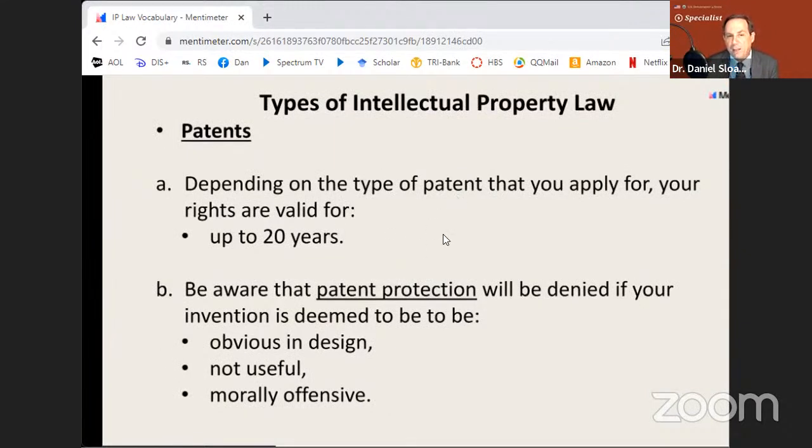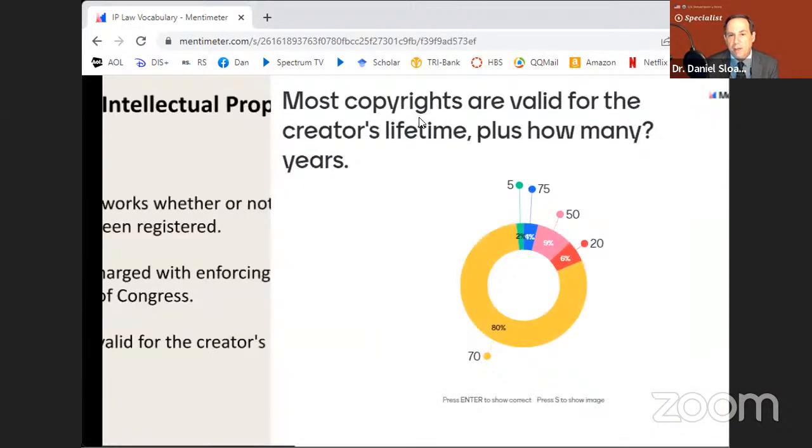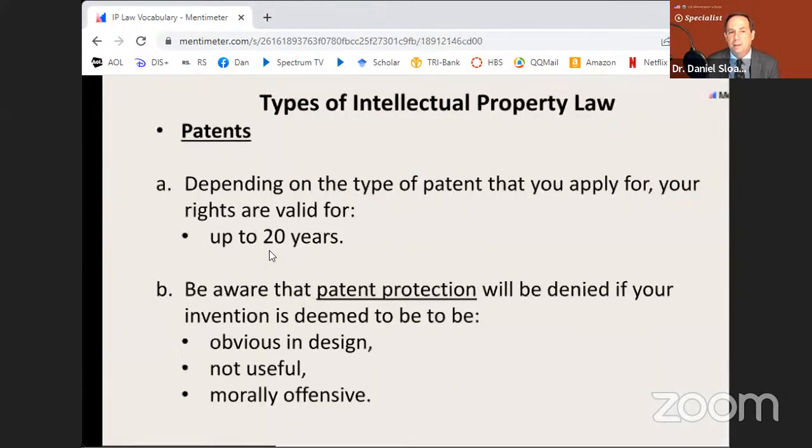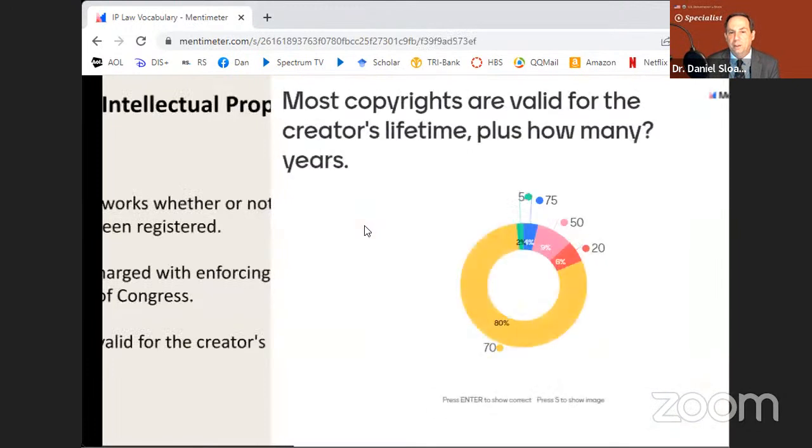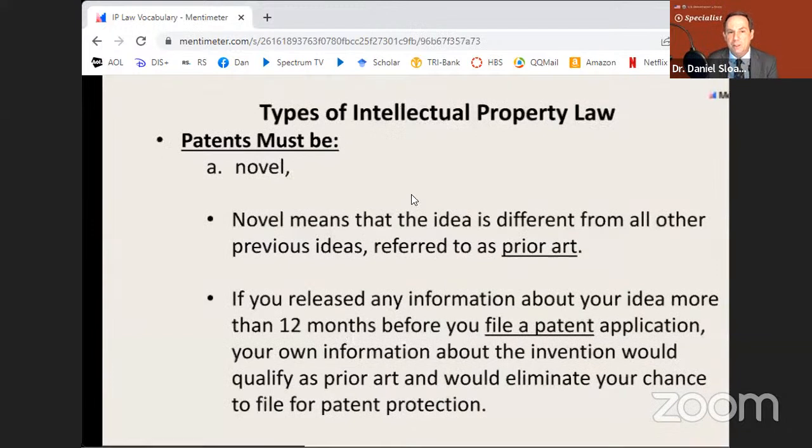Well, what I'm asking in the question is copyright. So I might have tricked you. I wasn't looking for the patent years. I was looking for the intellectual property or copyright. Copyrights are valid for the creator's life plus 70 years. So the majority, 80% of you, got this correct. Fantastic. Okay, so we're making progress.